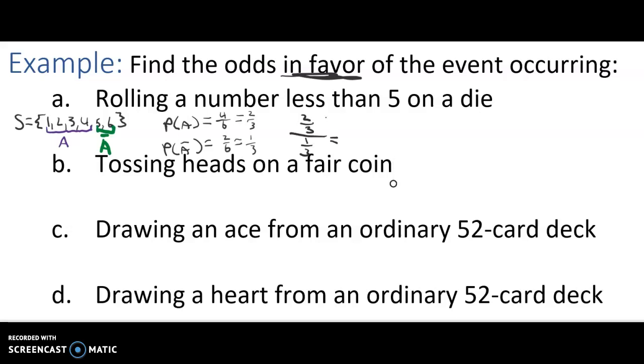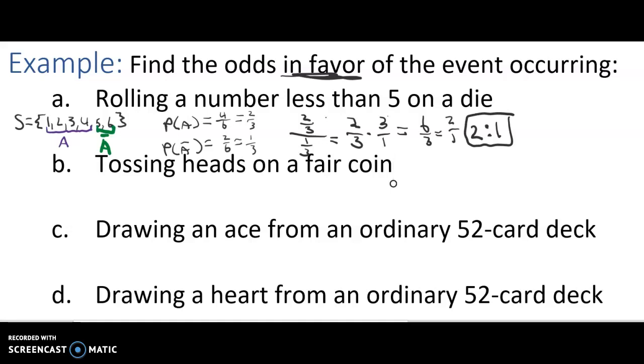When you divide fractions, you copy the top, put a multiplication dot, and flip the bottom, and multiply across, and simplify. So we'll get 6 over 3, or 2 to 1. For odds, we would leave this as 2 to 1, or we would write it as 2 to 1. You don't simplify it to just 2.